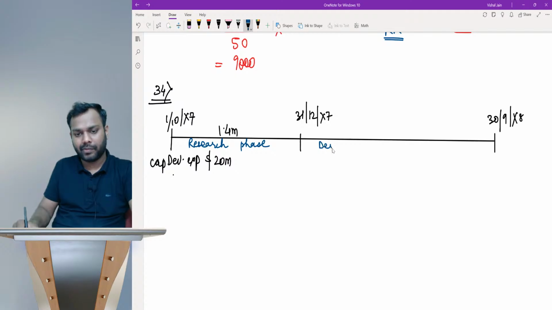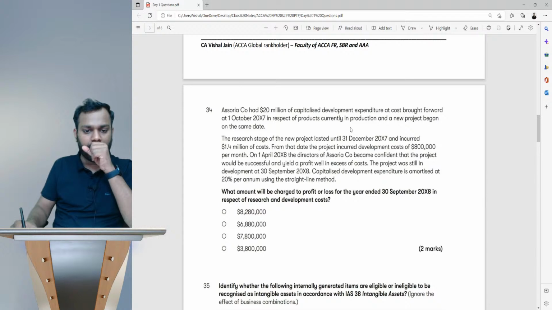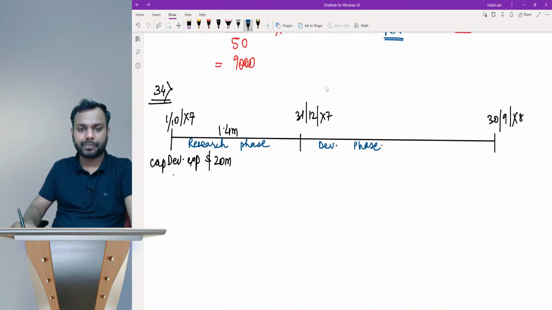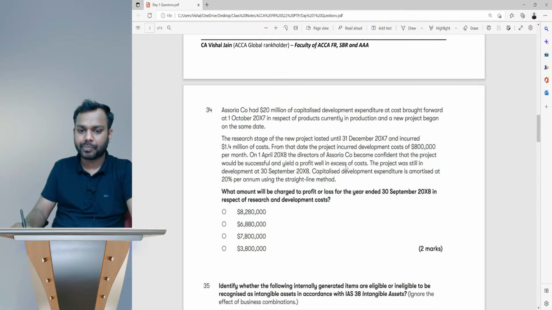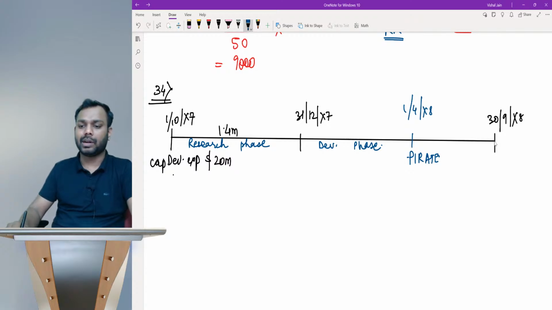This is development phase. On 1st April X8 it became confident, so the criteria are satisfied here. The project was still in development on 30th September 2008. Capitalized development expenditure is amortized at 20% per annum.